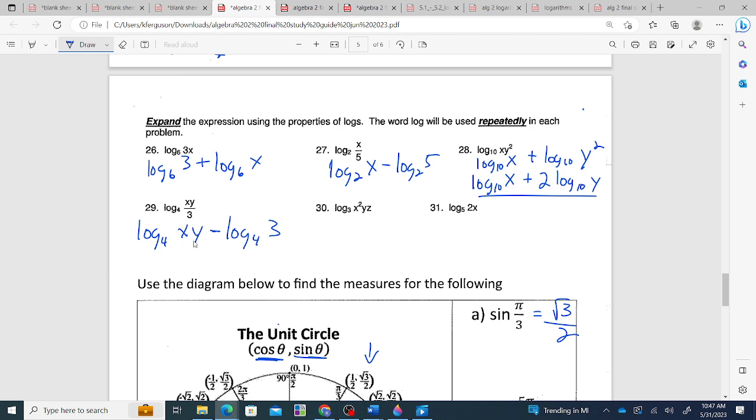And then this is the product rule. So I'm going to separate that. Log base 4 of x plus log base 4 of y minus log base 4 of 3. And that's my final answer. It's just taking this, expanding it, using the product rule, the quotient rule, or the power rule, and expanding it.